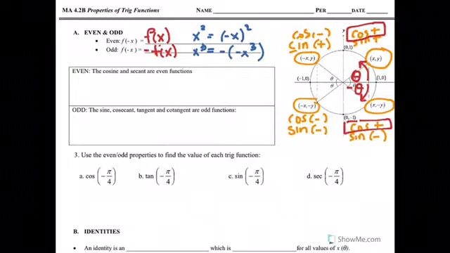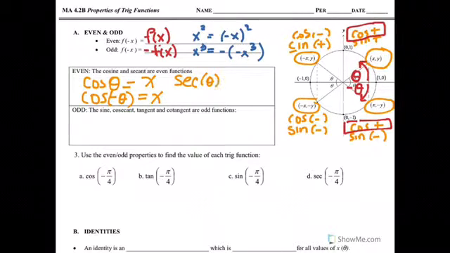What that means is that the cosine is the only even function. In other words, the cosine of a positive angle is x, and the cosine of a negative angle was still x. It didn't matter if we plugged in a positive or negative angle. And because the secant is the reciprocal of the cosine, the secant is also even.